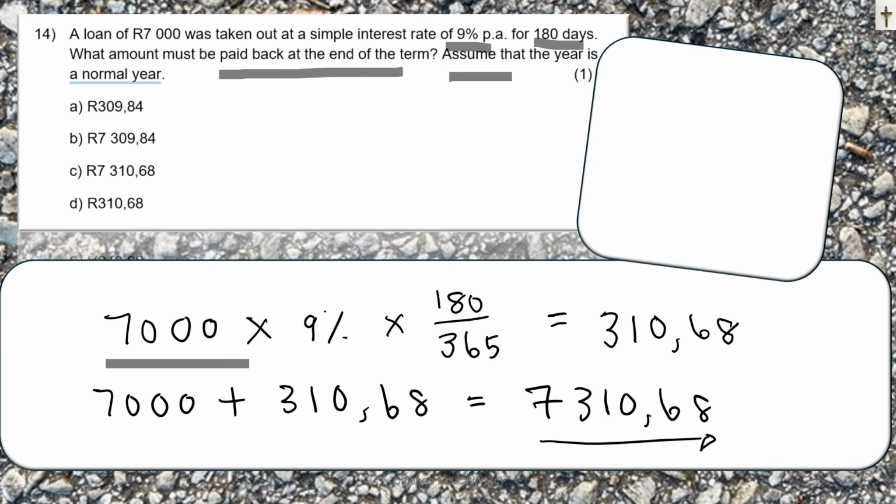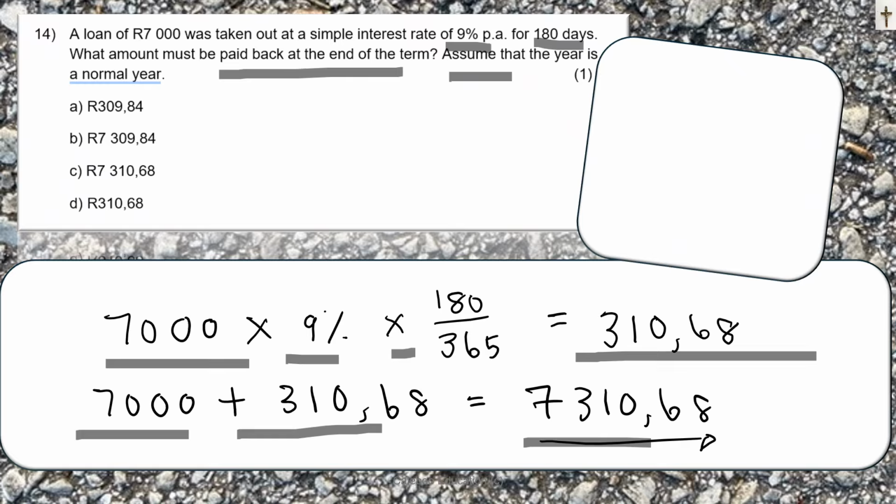The loan was 7,000 times 9% times 180 over 365, which is going to give me the interest. And what amount needs to be paid back? The original loan plus the interest.